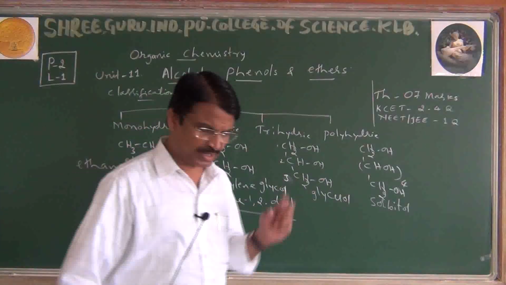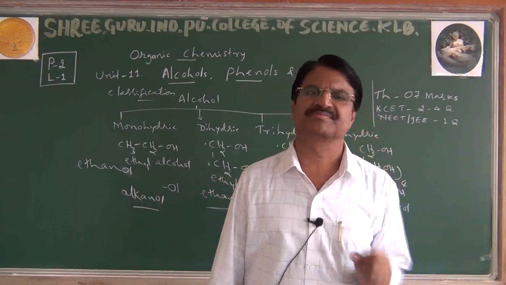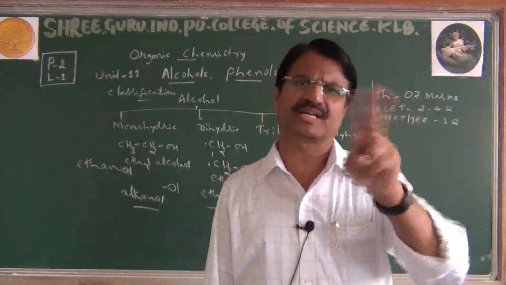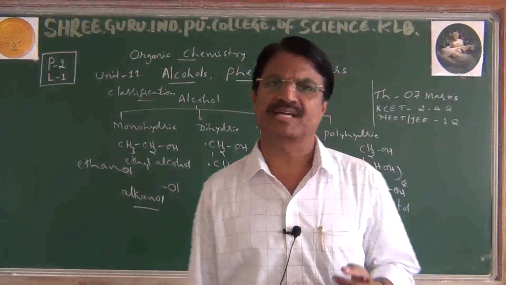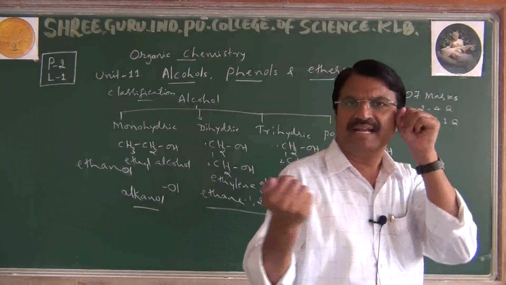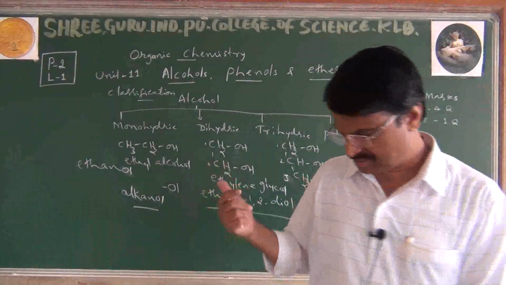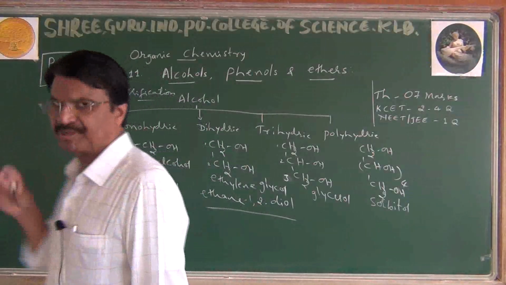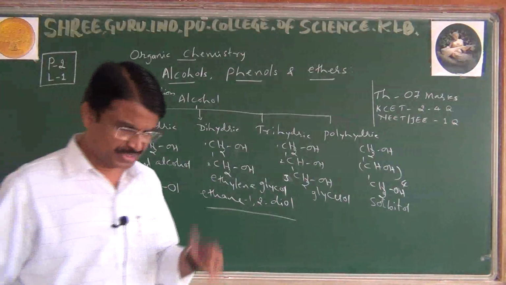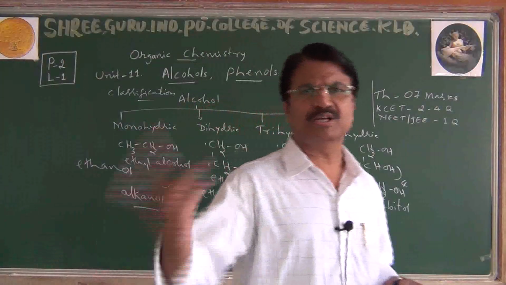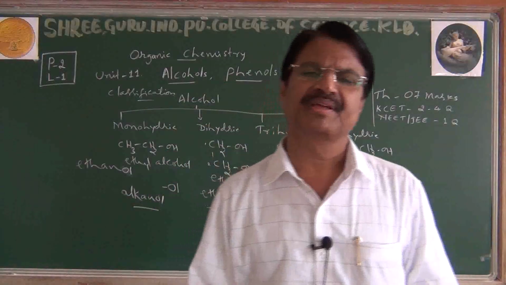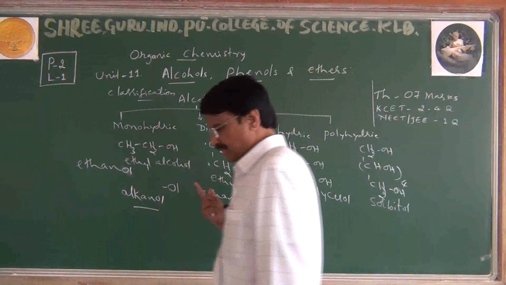Next, if the hydroxyl group is linked with CH, with 2 alkyl groups, then it is called secondary alcohol. Last, if the hydroxyl group is linked with a carbon which does not contain hydrogen, or is linked with 3 alkyl groups, then such compounds are said to be tertiary alcohol.